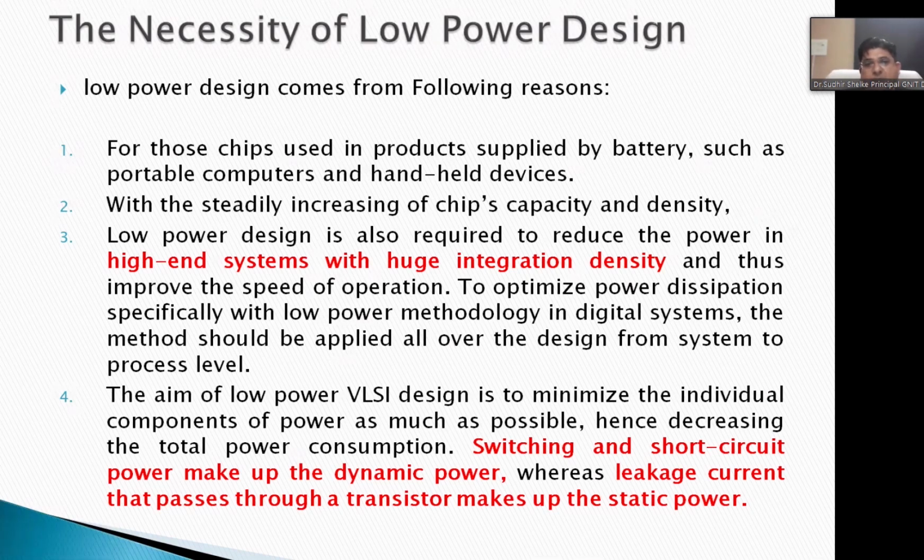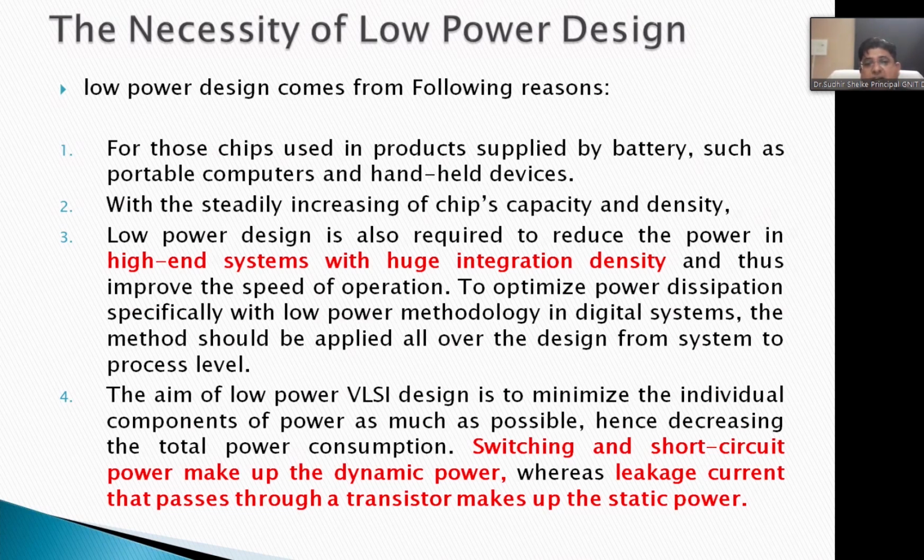To minimize the power dissipation with low power methodology, the method should be applied all over the design, from system to process level. The aim of low power design is to minimize the individual components of the power as much as possible, hence decreasing the total power consumption.